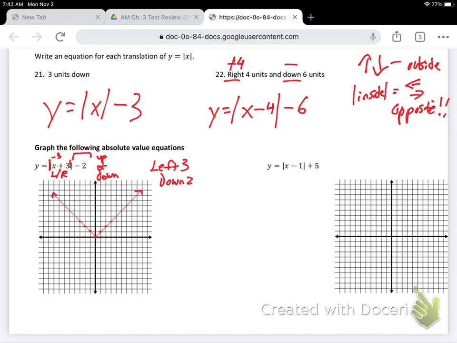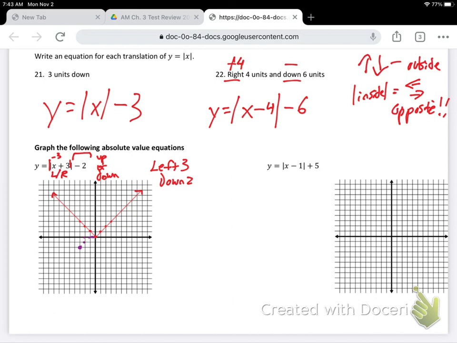So let's do that. Going from our origin point right here, and I'll do this in a different color. I'm going to go to the left 1, 2, 3, and then down 1, 2. So right here is my translation. So I'm just going to keep these lines.